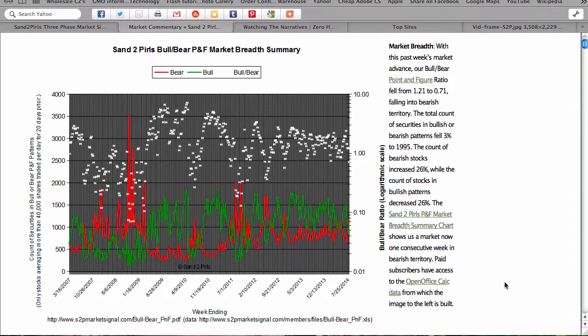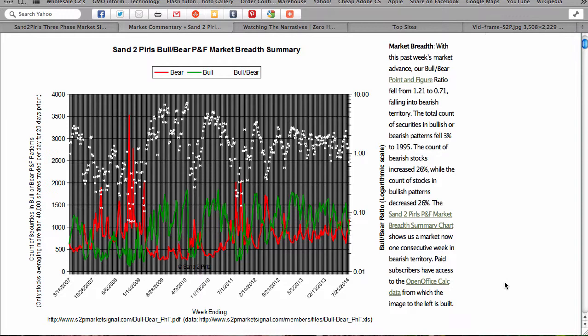2014. Market breadth. With this past week's market decline, our bull-bear point and figure ratio fell from 1.21 to 0.71, falling into bearish territory. The total count of securities in bullish or bearish patterns fell 3% to 1,995.